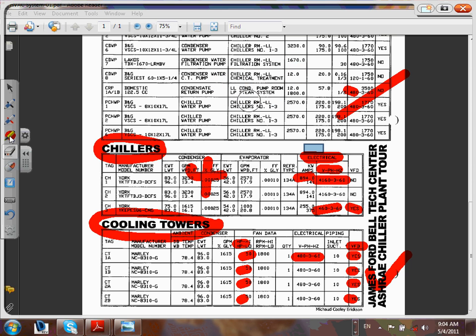This is Article 430, this is Article 430, and this is Article 440. Can you guys highlight that one? And I guarantee you guys know how to do that. The chillers are Article 440. Everything else, we size based on Article 430. Motors, they're motors. Any question, guys, about this?